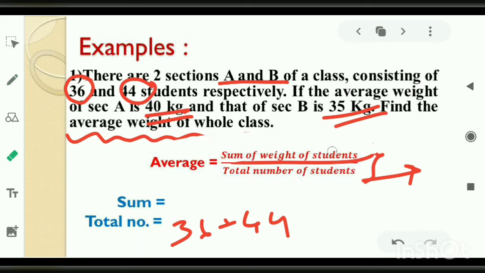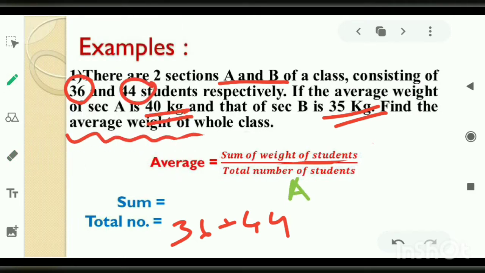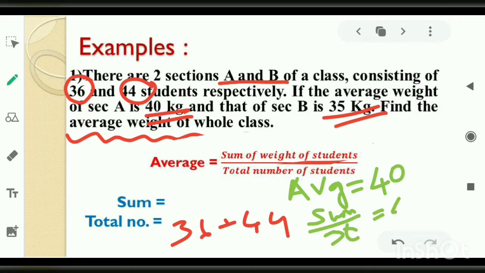It is given that the average weight of section A is 40 kg, which means the sum of weight of 36 students divided by 36 is equal to 40. Therefore, the sum of weight of 36 students is nothing but 36 into 40.